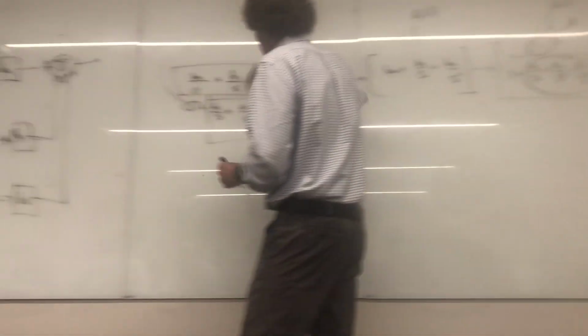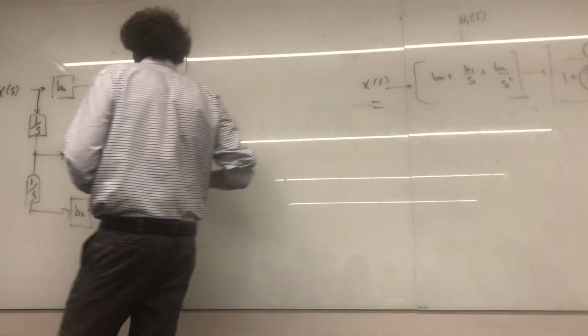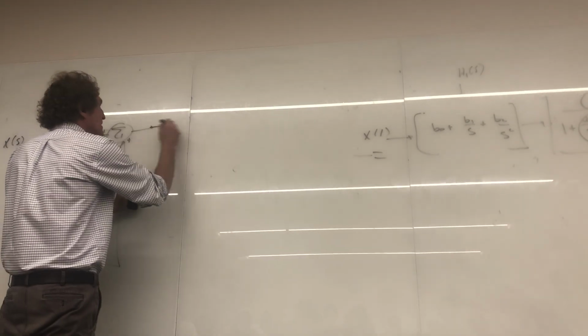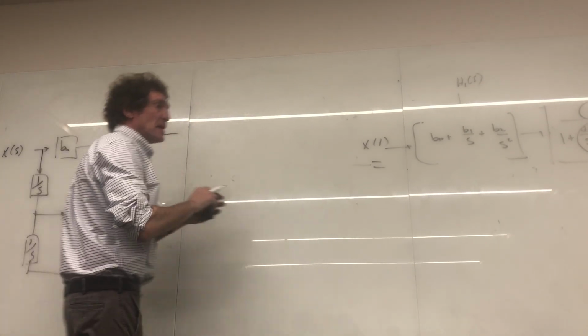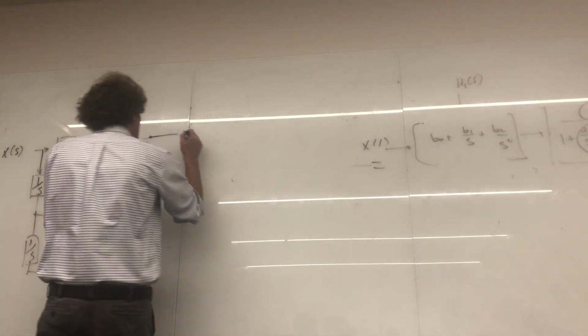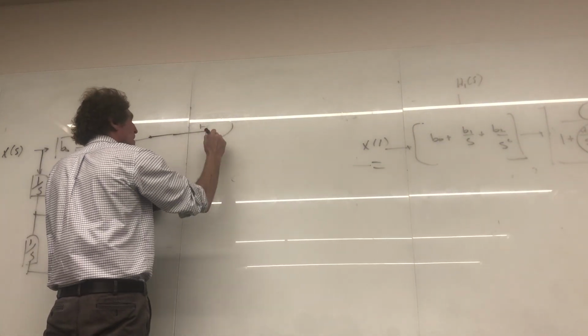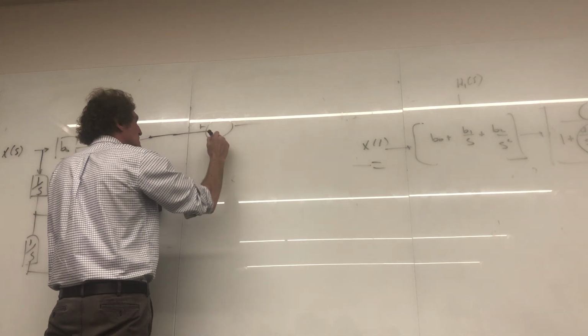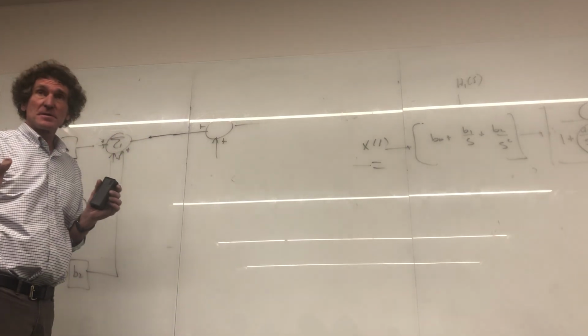Let me erase this, because I'm going to run out of room. All right, now, what I'm going to do is have something, and he's got a summer right here. So now I put another summer right here. This could be either plus or minus, doesn't matter.